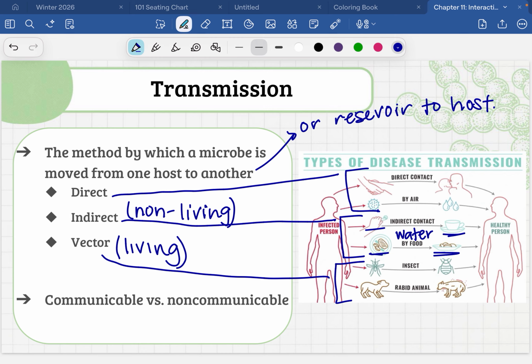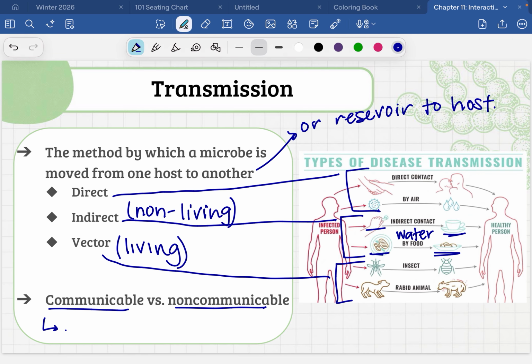Okay. Now, transmission of illnesses, diseases, particularly infectious diseases, can be communicable or non-communicable. Another word for this that we kind of use is contagious or not contagious. That doesn't exactly translate, but communicable means that it is something that can be spread person to person, either directly, indirectly, or through a vector.